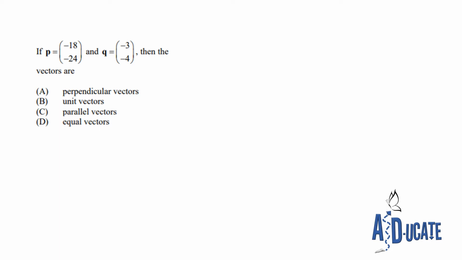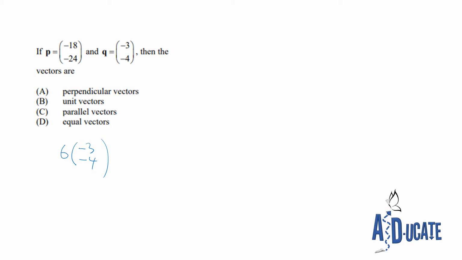Vector q is (-3, -4). Can we multiply this vector by a quantity to get (-18, -24), that is vector p? If you have noticed this, it would be 6.